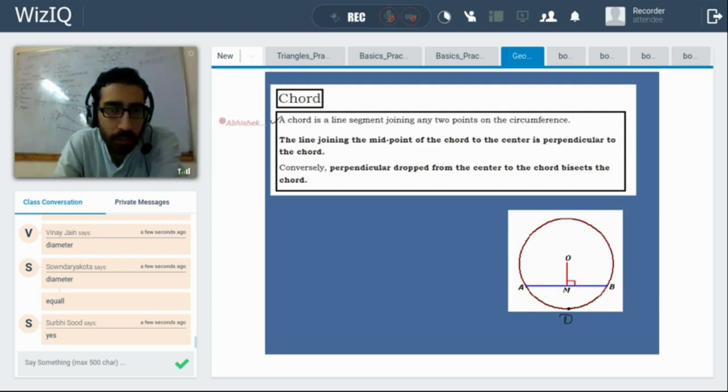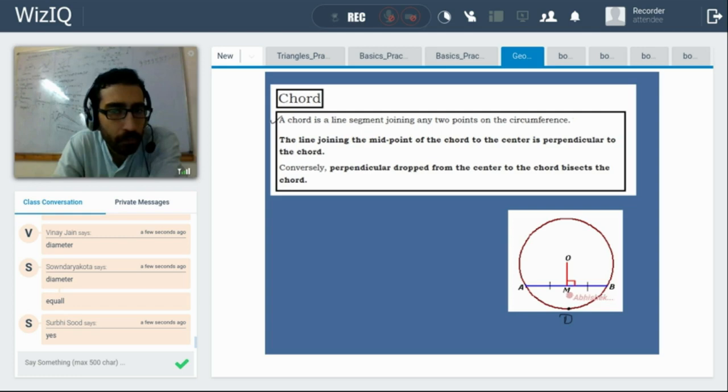Now, the very, very important property for a chord is that the perpendicular from the center, so O is the center, I drop a perpendicular on AB, OM is perpendicular to AB. Now, it bisects the chord, which means M is the midpoint, which means AM will be equal to MB.